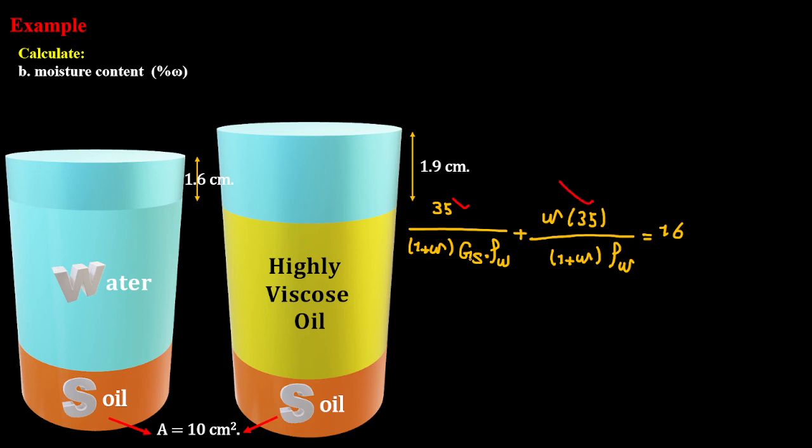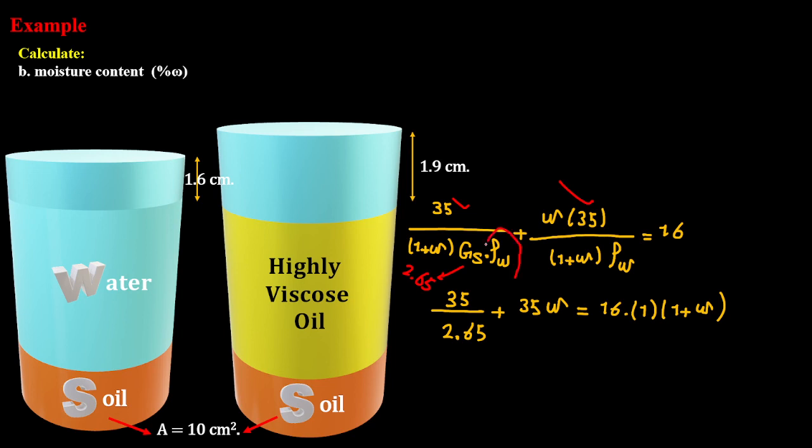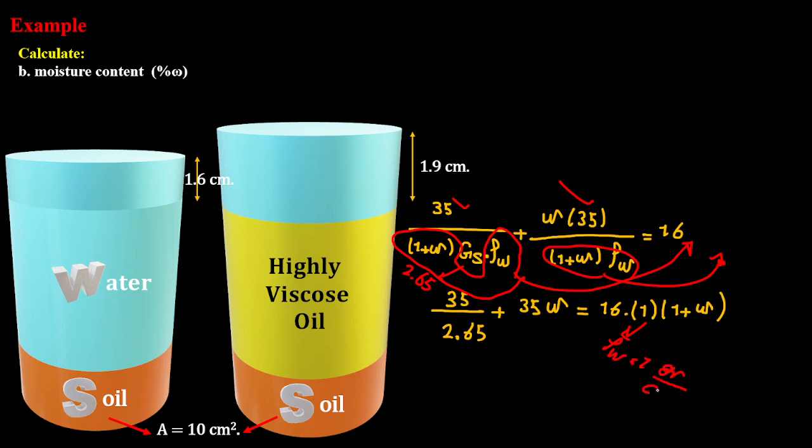If we rewrite the equation in whole and replace the numeric values, Gs is provided to be 2.65 in the problem statement. If we take this part out and bring it here, that means 35 over 2.65 plus 35w is equal to 16 times rho w, which is 1 gram per centimeter cubed, times 1 plus moisture content w.